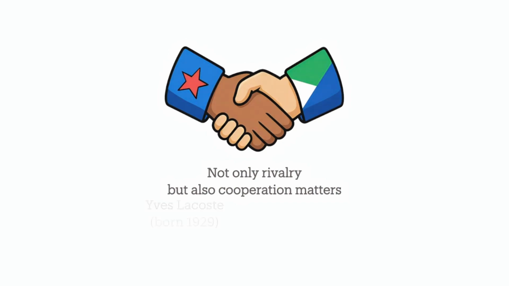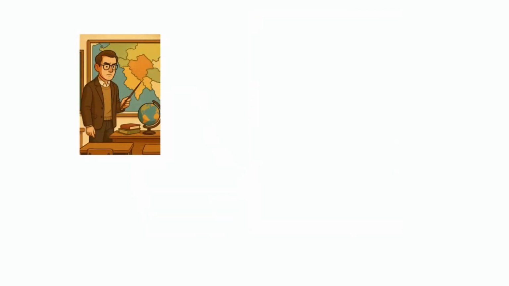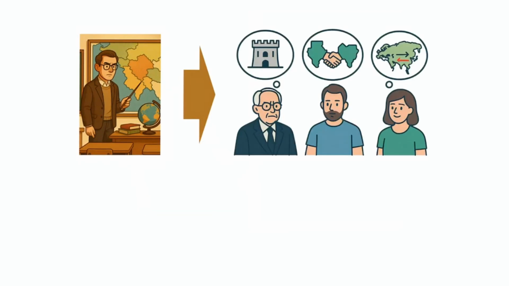Here we move to Yves Lacoste, a left-leaning French geographer who played a major role in rehabilitating geopolitics in the 1970s and 1980s. He founded the journal Hérodote and later the French Institute of Geopolitics. Among other things, Lacoste stressed how school maps and textbooks shape the way ordinary people imagine the world long before they read strategic analysis.